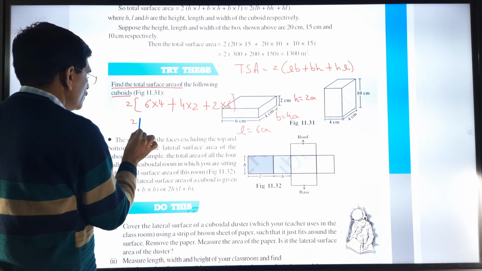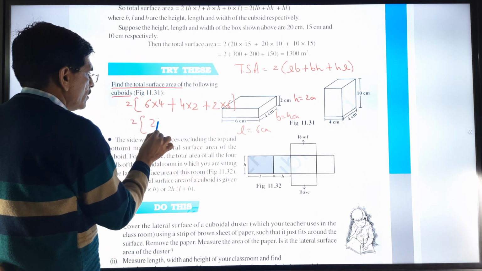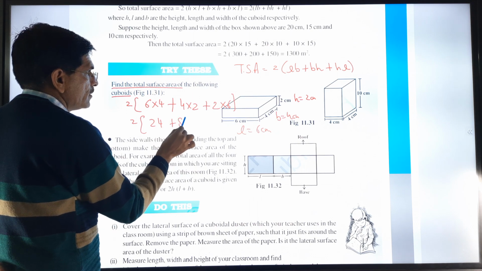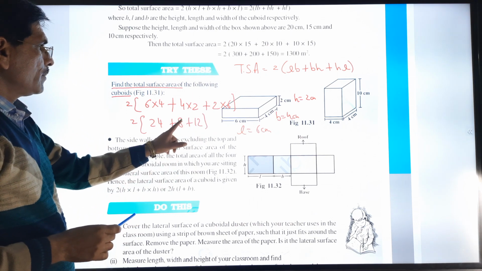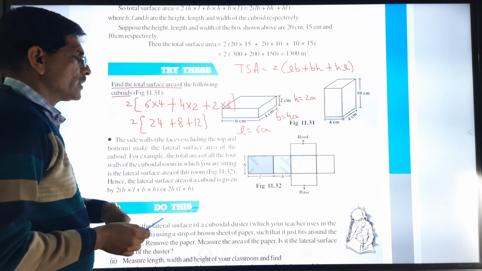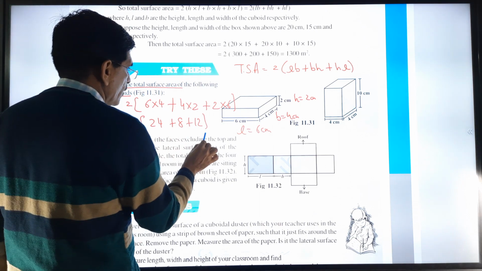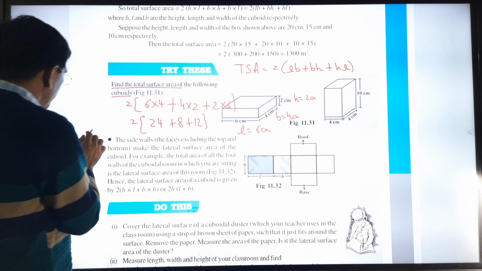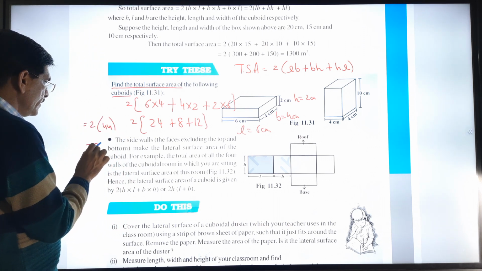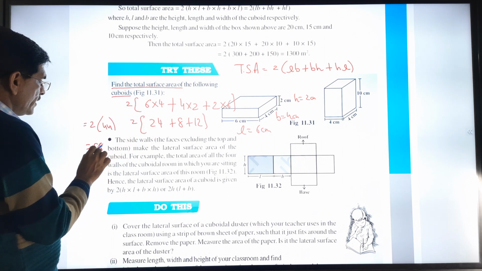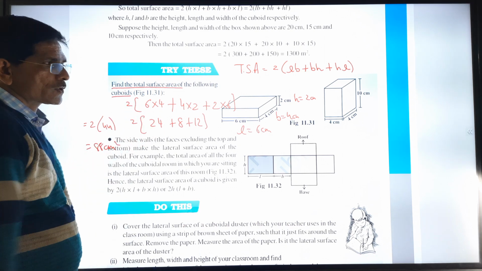That is 24 plus 8 plus 12. 12 plus 8 is 20, 20 plus 24 is 44. So 2 into 44 is 88. The unit is centimeter square.